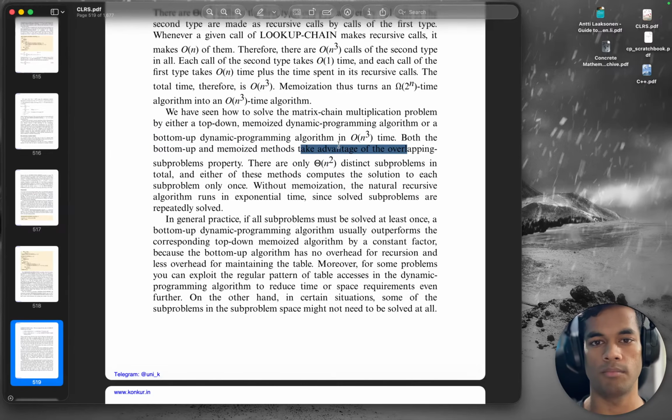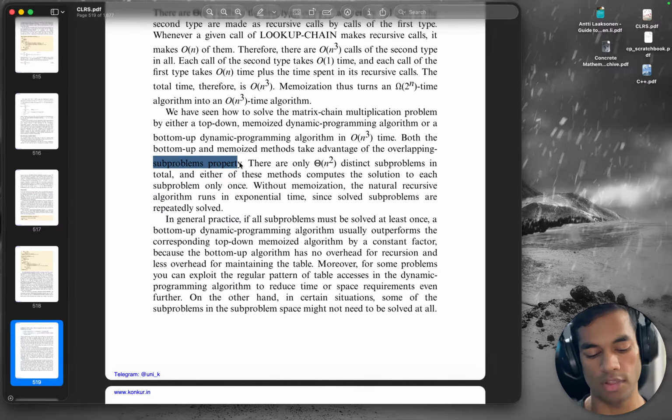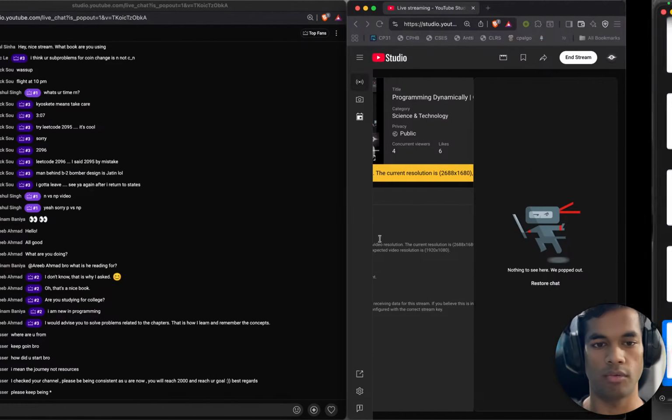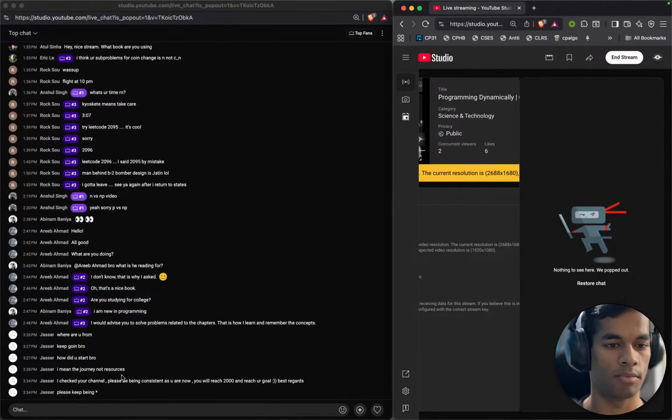In bottom-up, we use tabulation. Both the bottom-up and memoized methods take advantage of the overlapping subproblems property so that we are not solving the same subproblems again and again, and we are reducing the exponential time into polynomial time. There are only n square distinct subproblems, and each distinct subproblem at worst runs n times.